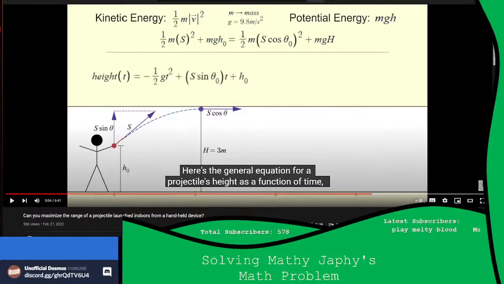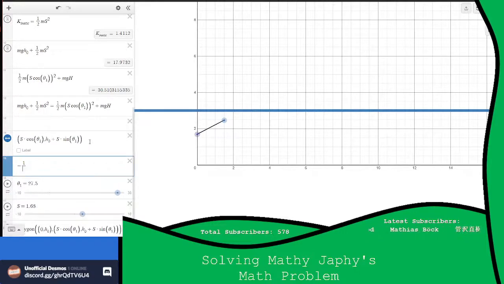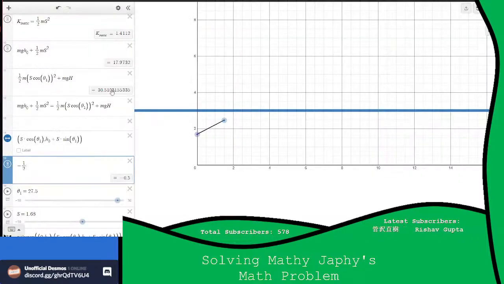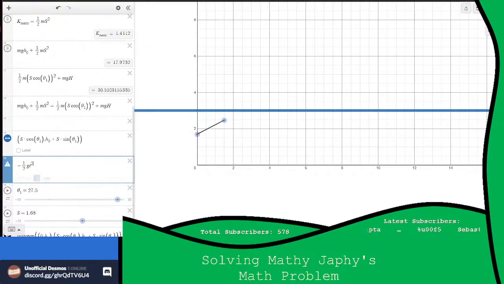Okay, that's pretty useful. Actually, I recognize some of these things from my physics class. This is a pretty cool problem.